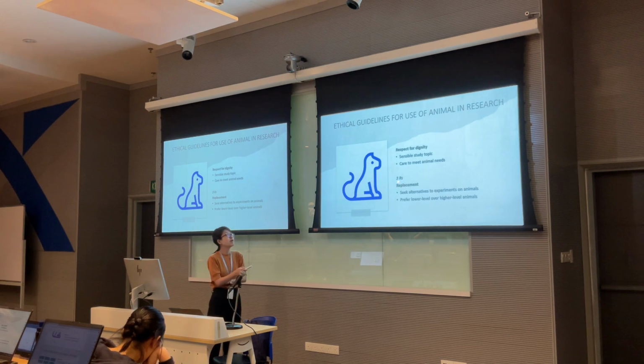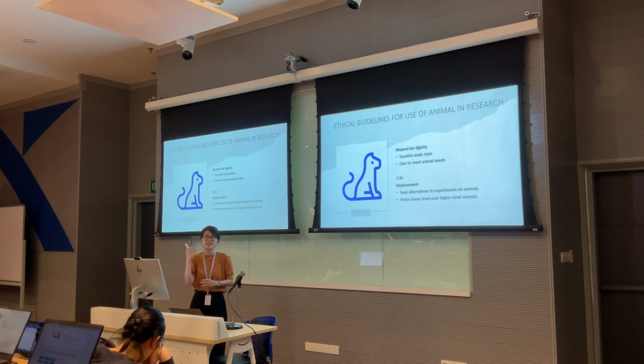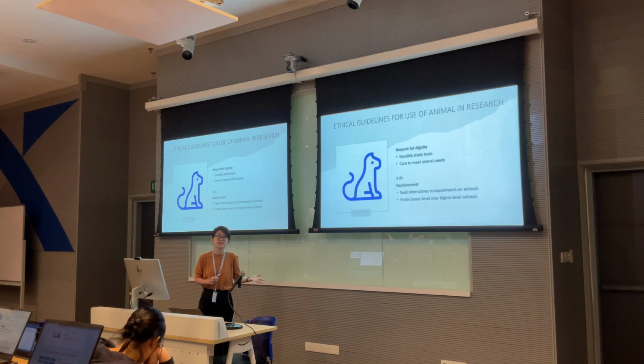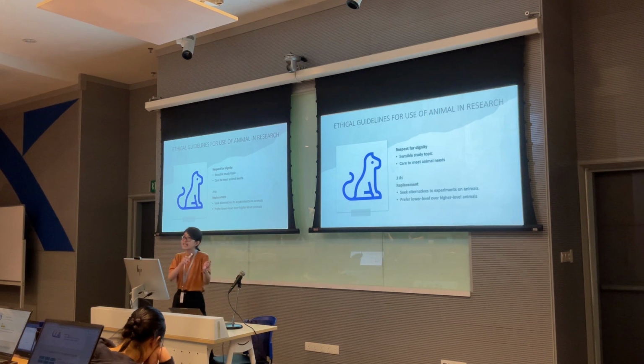The first R, replacement: try to seek alternatives to experiments on animals. Do not always start your work straight away on animals, even though they are low-class animals like mice or rats. They are alive as well, right? You can do some preliminary tests using in vitro or cell culture work instead of directly injecting your drug into the mice.